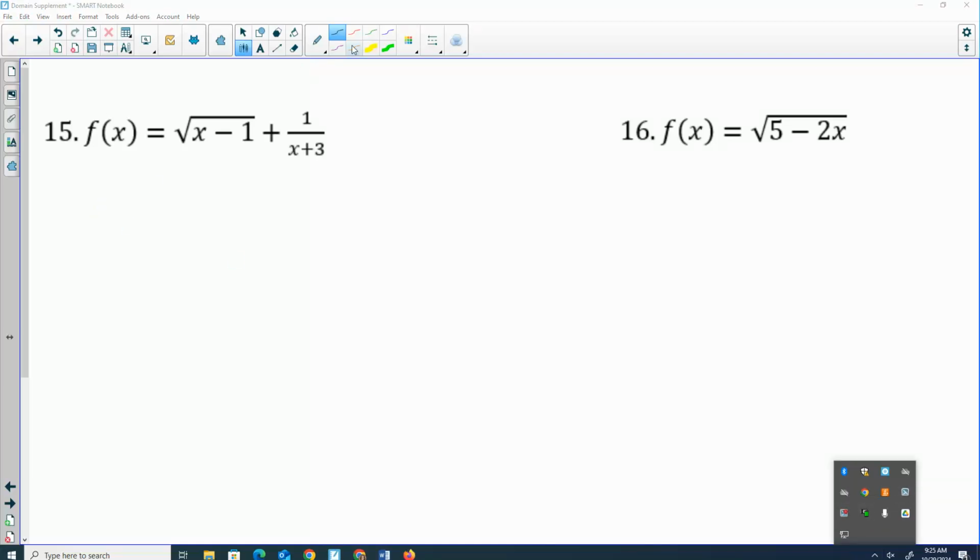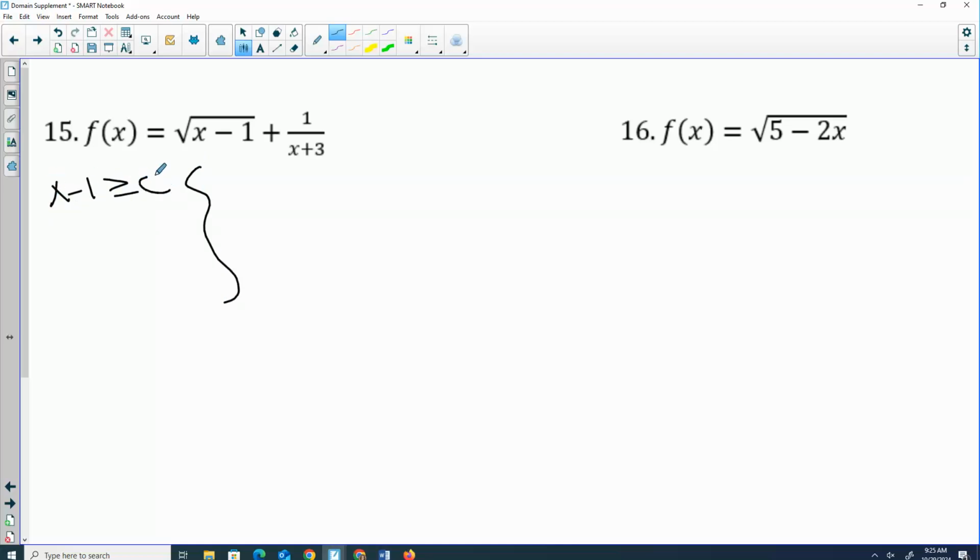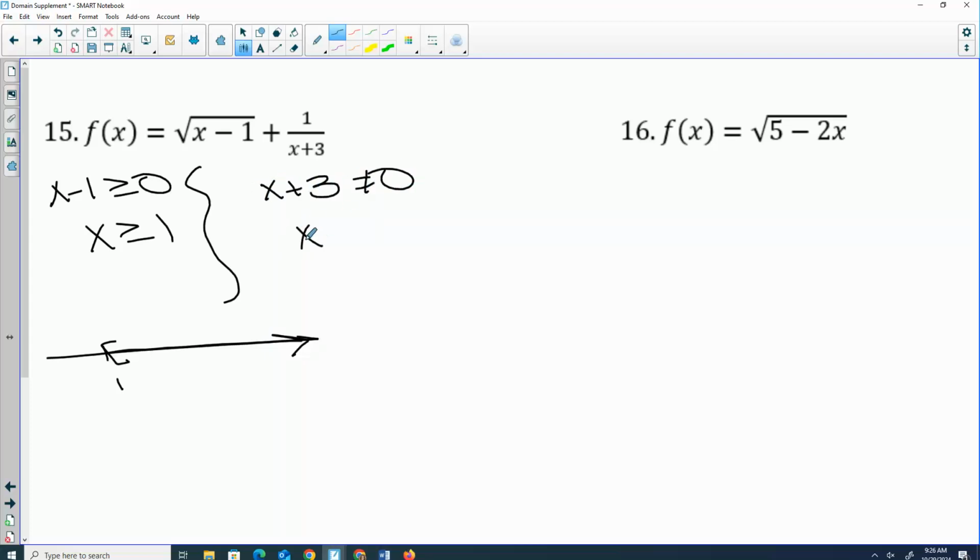Okay, so on this one, we have two things, so we have to worry about both. The first one, so radical, so x minus 1 is greater than or equal to 0, so x is greater than or equal to 1. So if you think about a number line, I already know it's starting at 1 and it's going to the right. Second one, we have a fraction, so the bottom can't be 0, so x can't be negative 3. Negative 3 is all the way back here.